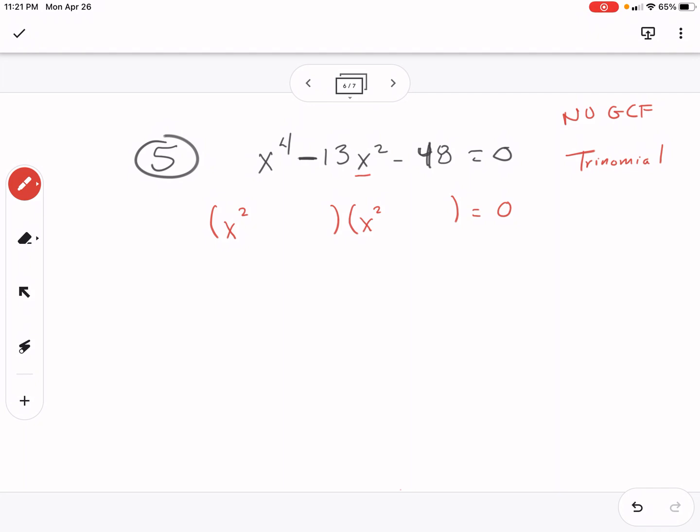So now that I set those up, we can do the method with the blanks. So it's similar to the quadratics where it starts with x squared and you do x times x. But if it's x to the 4th, you do x squared times x squared. So here I'm going to do my blank times blank equals negative 48 and blank plus blank equals negative 13.